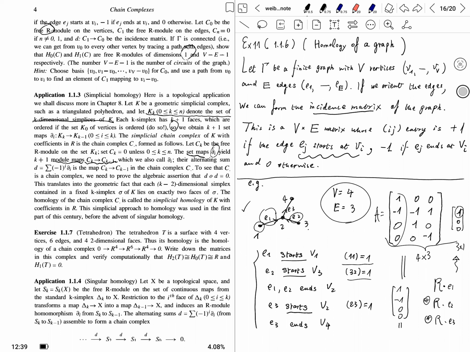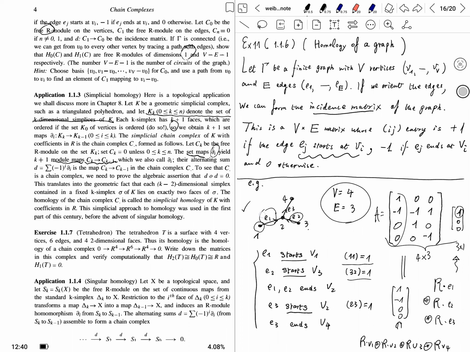If you think of this as a coordinate vector for the free R module generated by the vertices V1, V2, V3, V4, then this element corresponds to V1 minus V2.